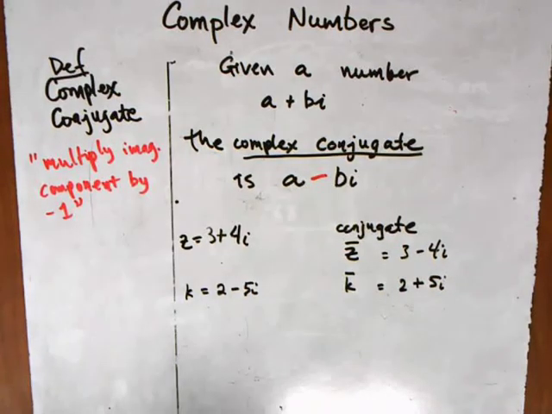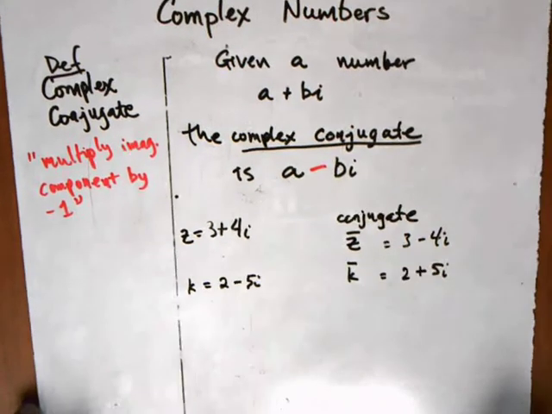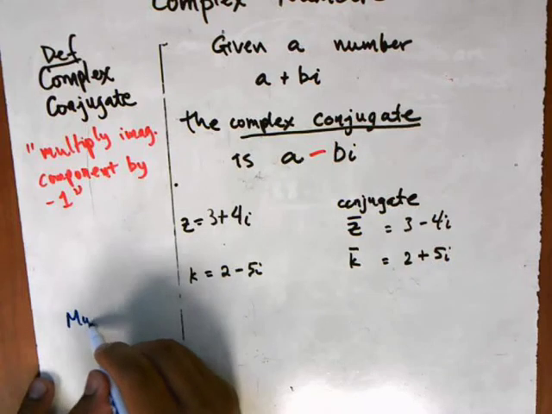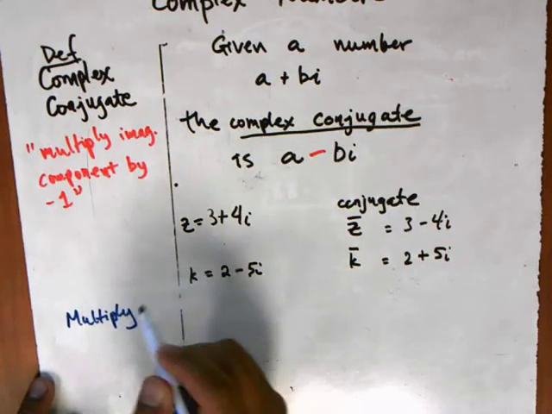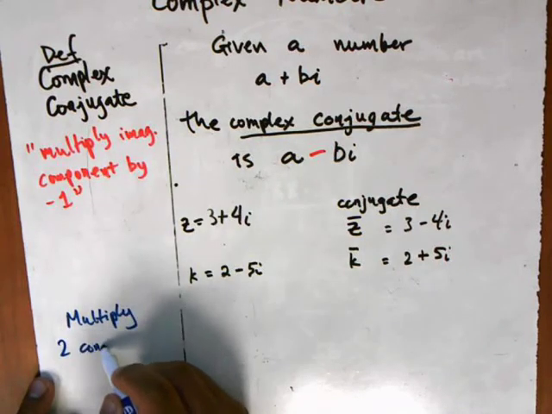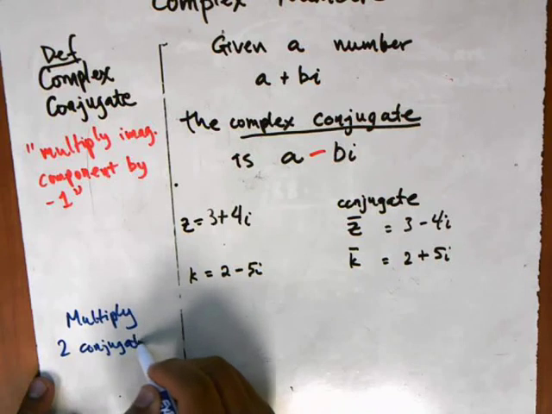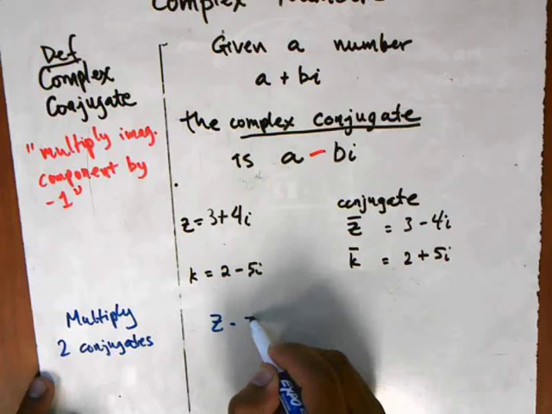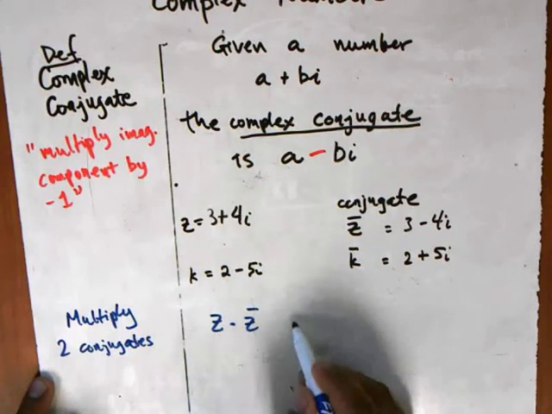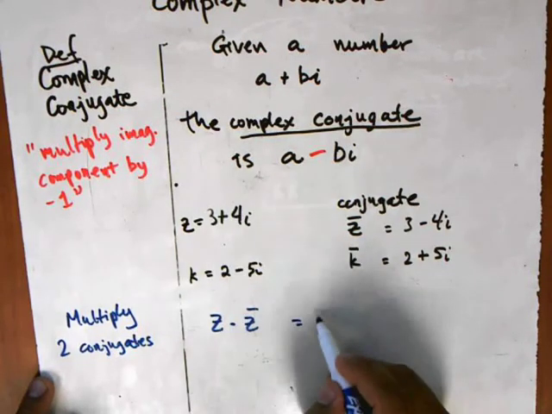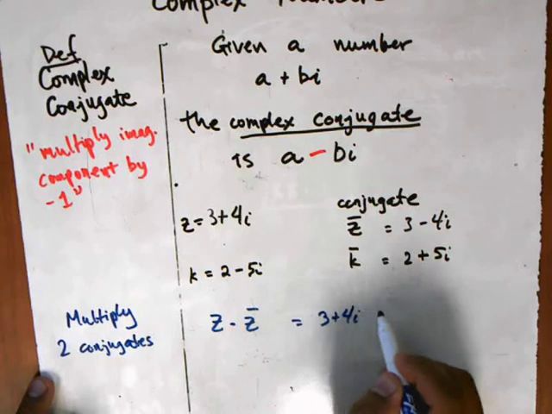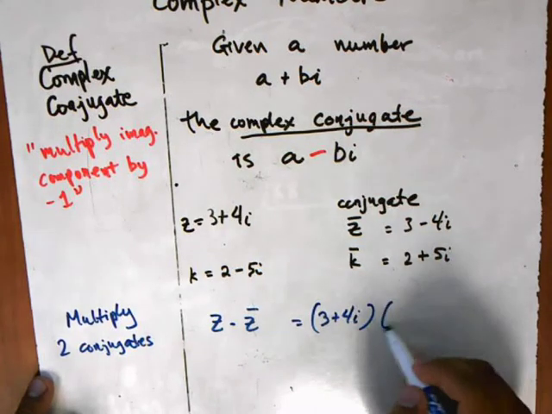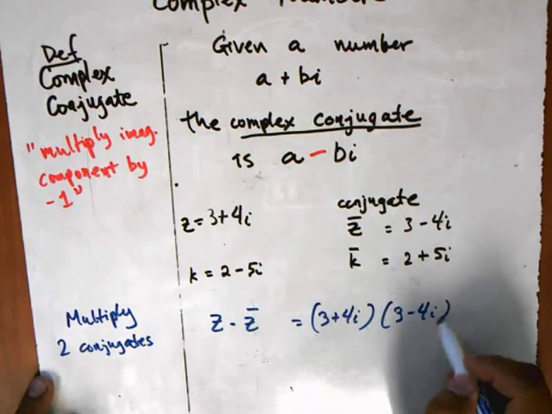And so if you're wondering why we do this, well, there's a really helpful property of the conjugate. So let's see what happens when we multiply two conjugates. What happens when I do z times z bar using what I have up here? Well, z is 3 plus 4i, and z bar is 3 minus 4i.